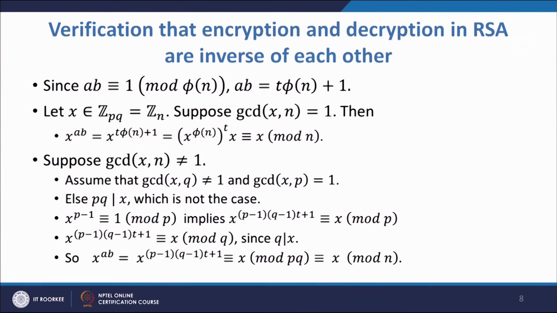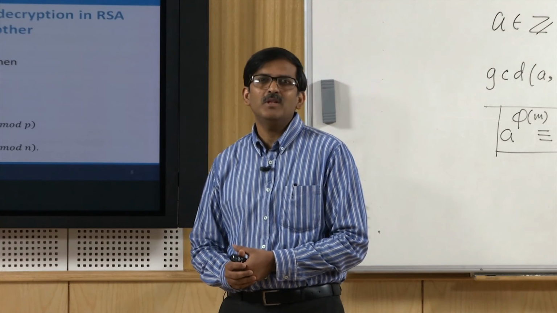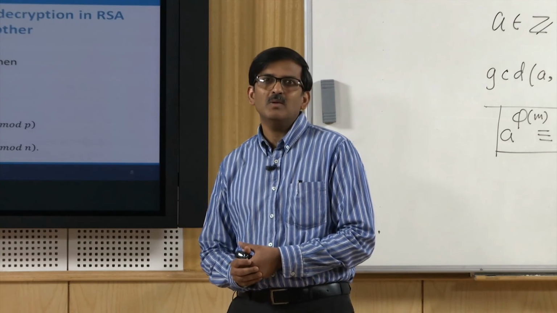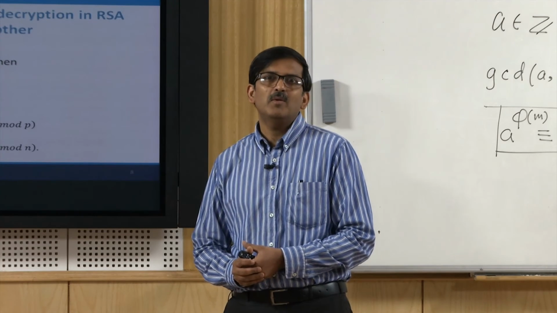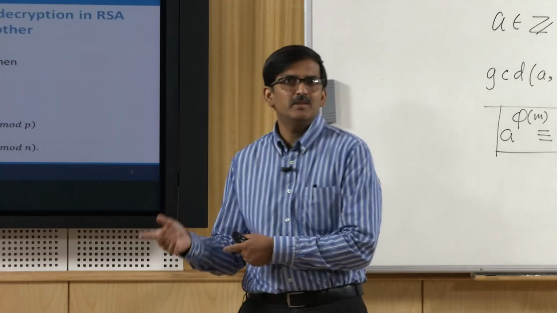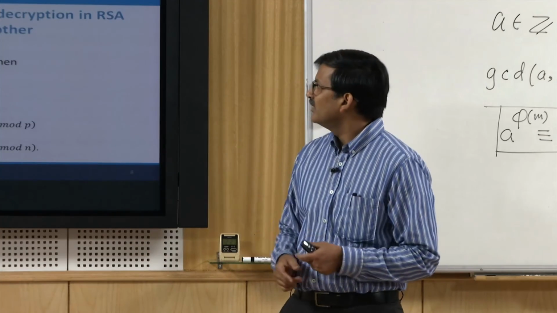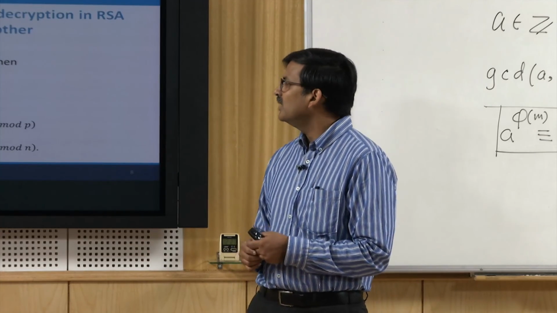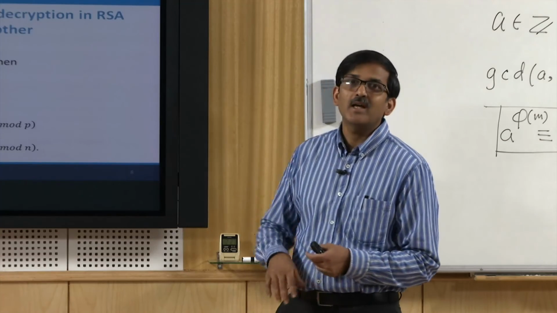Suppose x is not co-prime to n, then what is going to happen? It is not difficult to see that since x is between 1 and pq minus 1, x cannot be divisible by both p and q. So, either x is divisible by p or x is divisible by q. We assume that x is divisible by q and not divisible by p, and q is prime.